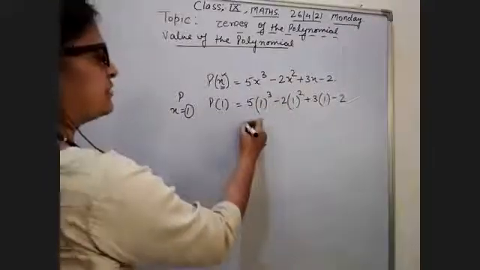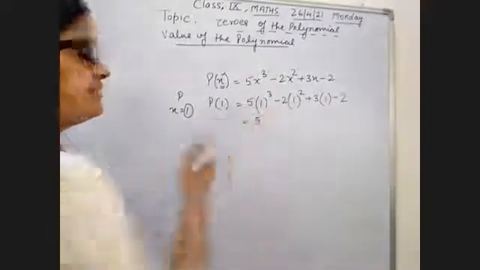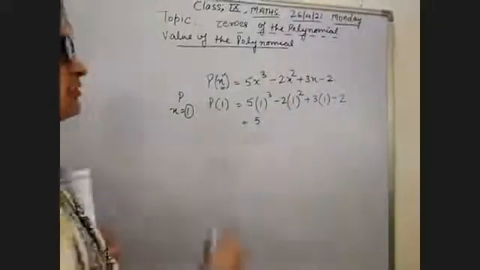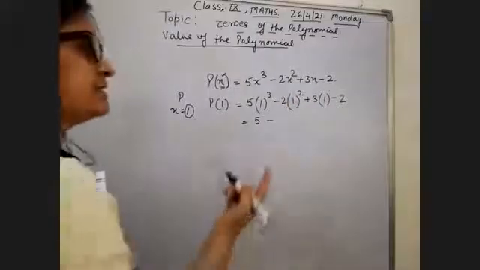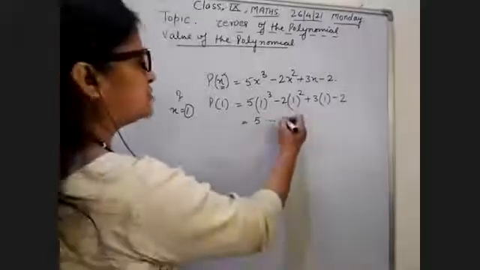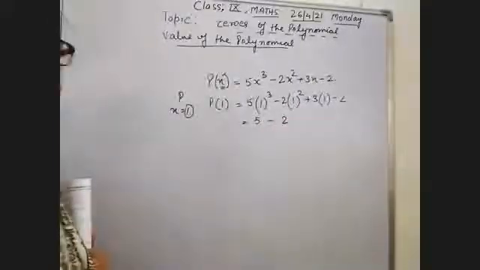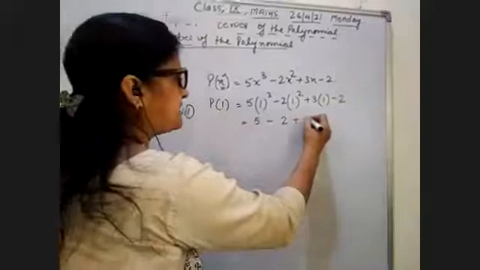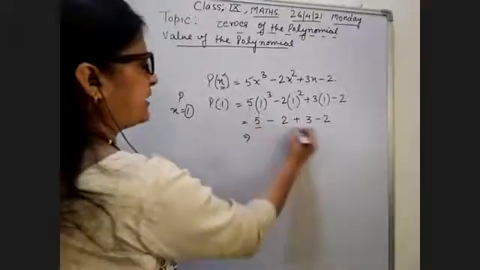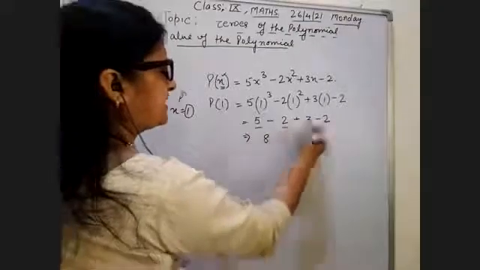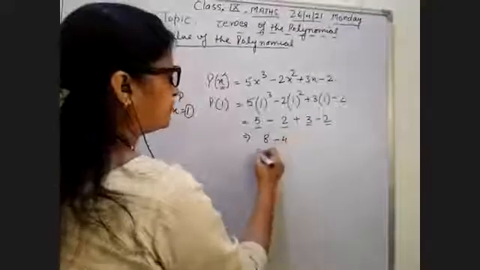Now 1 cube equal to 1, so 5 multiplied by 1 is 5. And 1 square, 1 into 1, is also 1, so 2 into 1 is 2. And 3 into 1 is 3, minus 2. So it is 5 minus 2 plus 3, which is 8 minus 2, equal to 4.